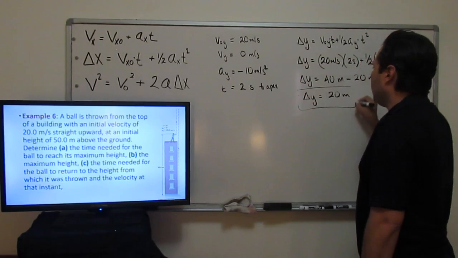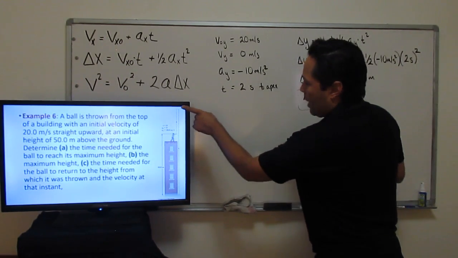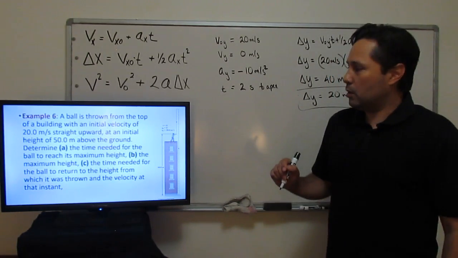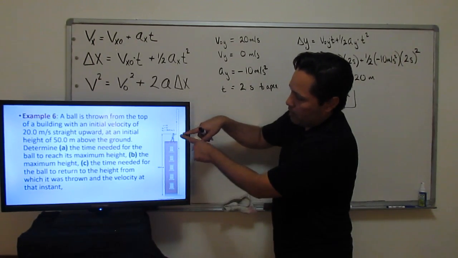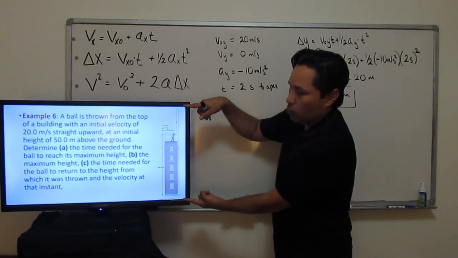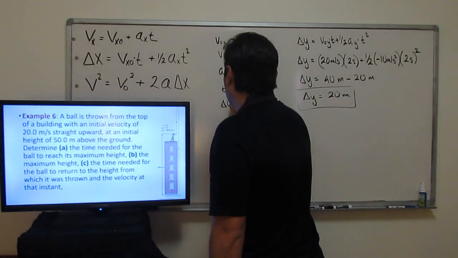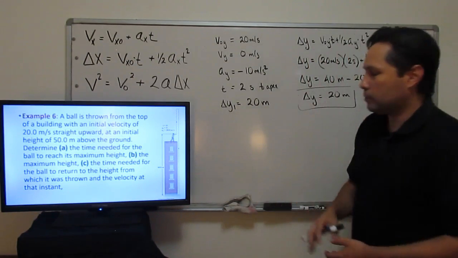That is the answer for from where the object was launched to the apex. It is 20 meters above the object when it was thrown. Compared to the ground, if the ground is 50 meters away, 20 meters above that would be a grand total of 70 meters. So that is for the first part of the journey, it's 20 meters above the ground.